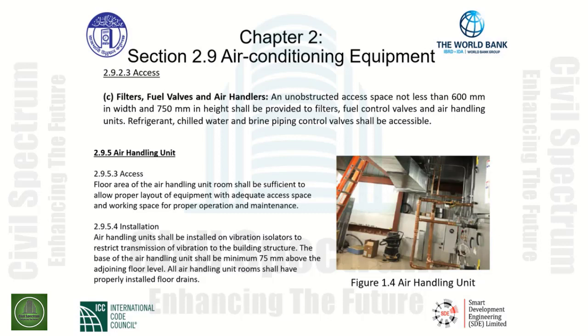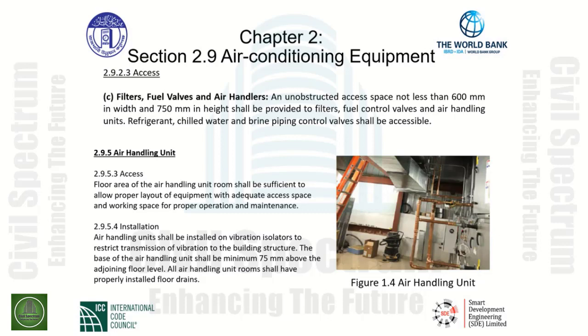2.9.5.3 and states the following: floor area of the air handling unit room shall be sufficient to allow proper layout of equipment with adequate access space and working space for proper operation and maintenance.